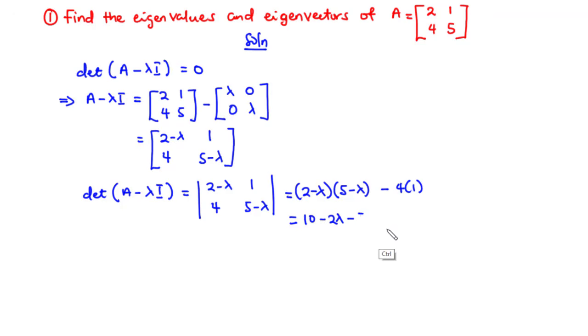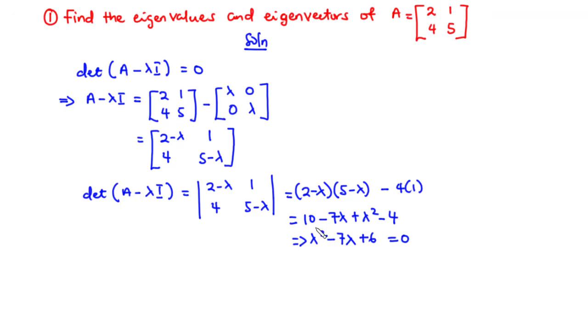So let's just simplify this so that we have negative 7 lambda plus lambda square minus 4. And then 10 minus 4 is 6. So we are going to have lambda square minus 7 lambda plus 6, and that is equal to 0.